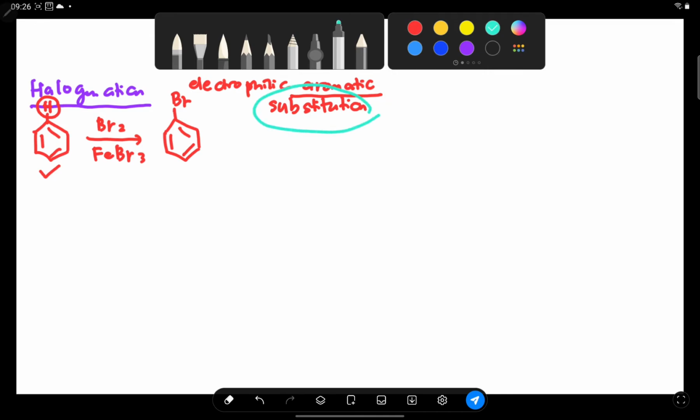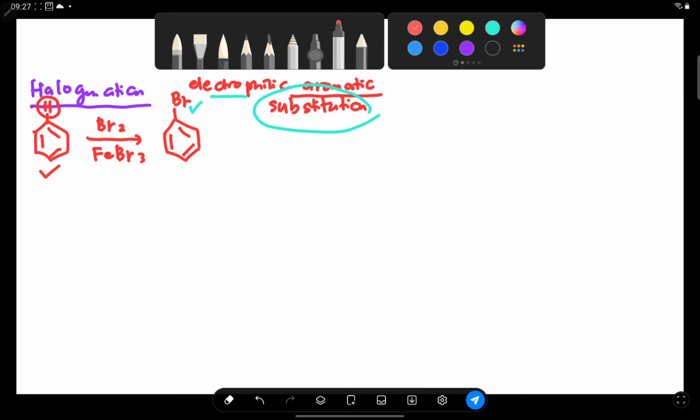Because this hydrogen is substituted with Br. Why does it state electrophilic? Because the character of Br is electrophilic, or it is an electrophile. So hydrogen is substituted with bromine, an electrophile, in an aromatic compound. So the reaction given was electrophilic aromatic substitution.